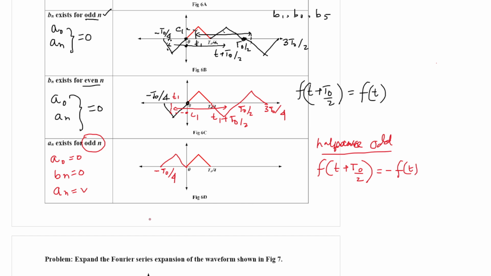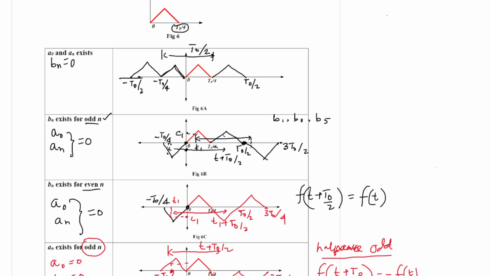If you consider any time, and extend it by t plus t naught by 2, it will produce the opposite value. So the correct form is this, T0 by 2, 3 T0 by 2.